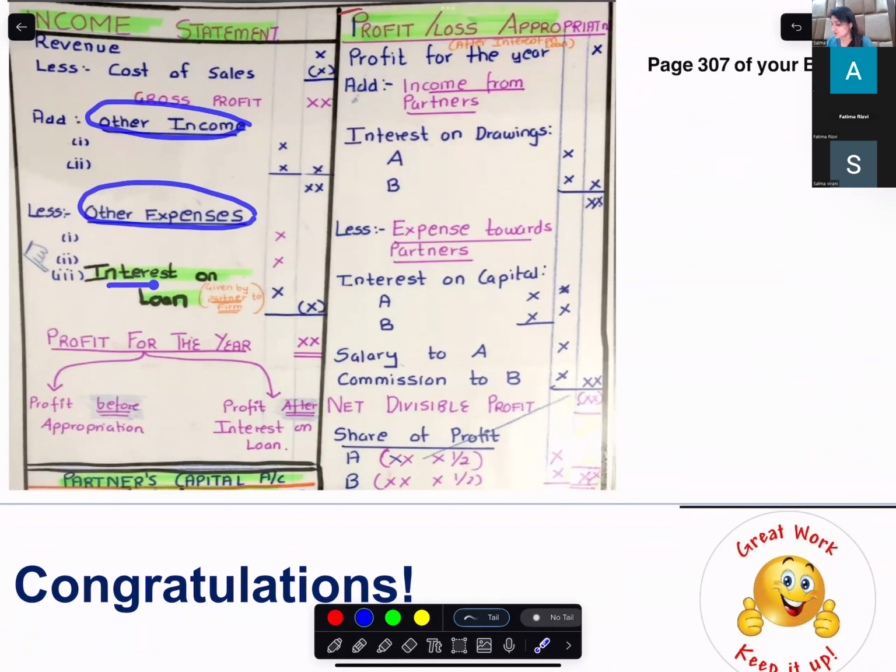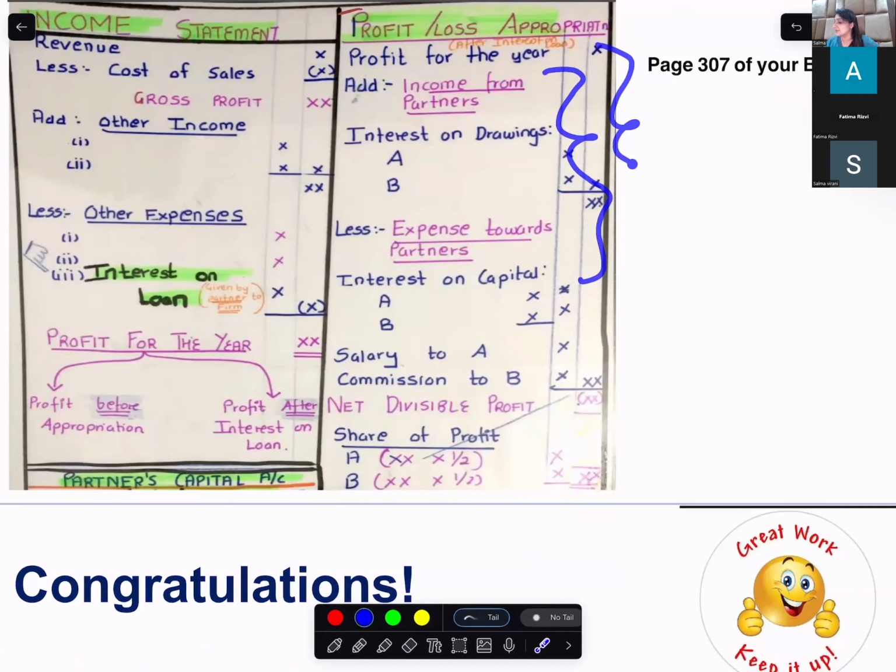Interest on loan is another expense for you. This loan is given by the partner to the firm. So normally anything that happens between the partner and the firm happens in the appropriation account.